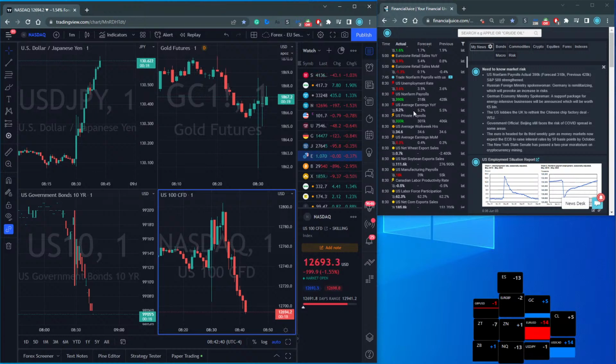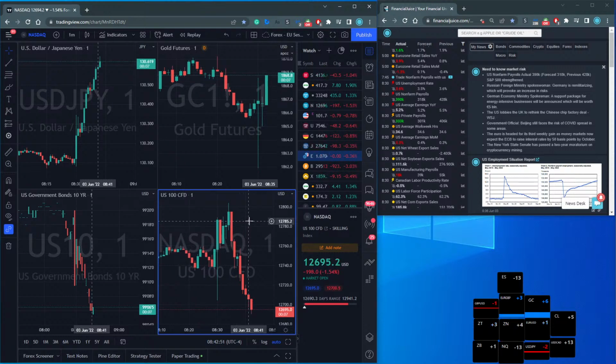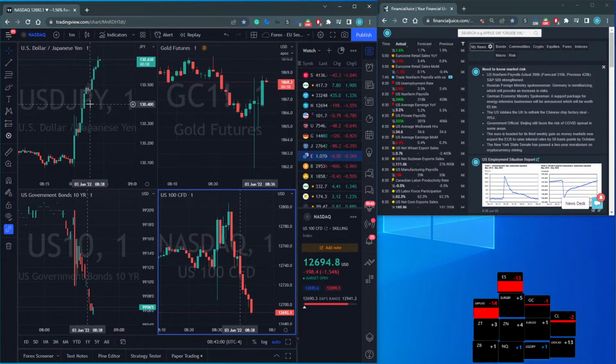Jeez, I'm going Sean Connery. So if we're looking at the average earnings year on year, the average earnings year on year ticked lower. I think that was one of the key things that moved the stock indexes in the positive direction. Now you're seeing some reversal of that trade, as the dollar yen is going higher.